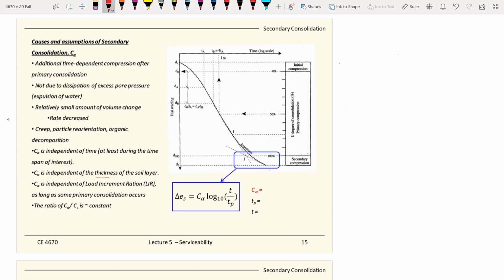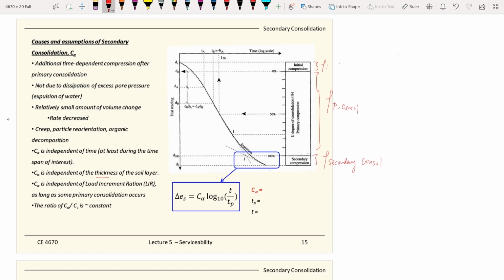It comes with three parts again. First, we have the initial settlement, the immediate settlements. We have the primary consolidations, and also we have the secondary consolidations, which we try to focus on now.